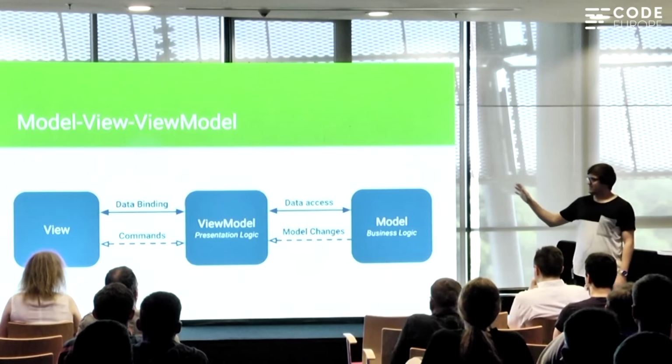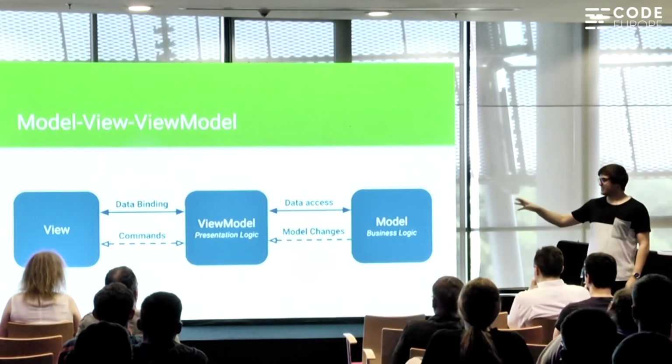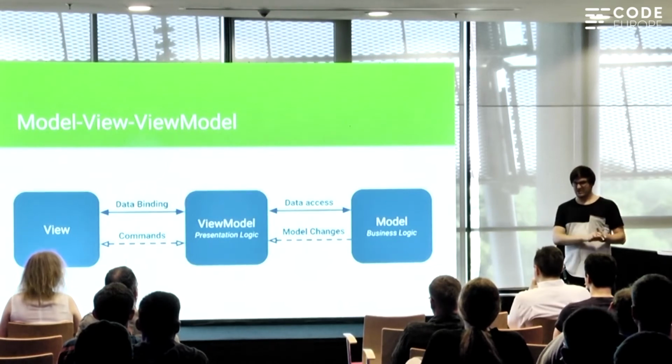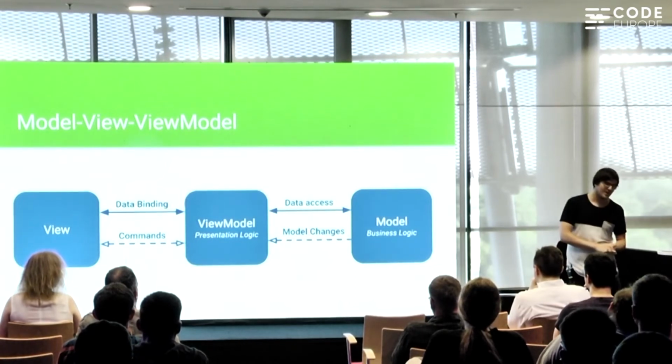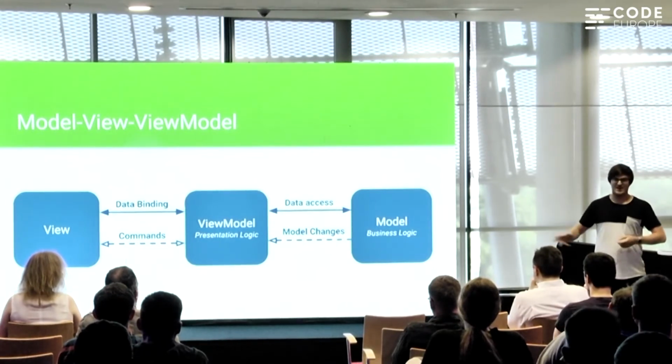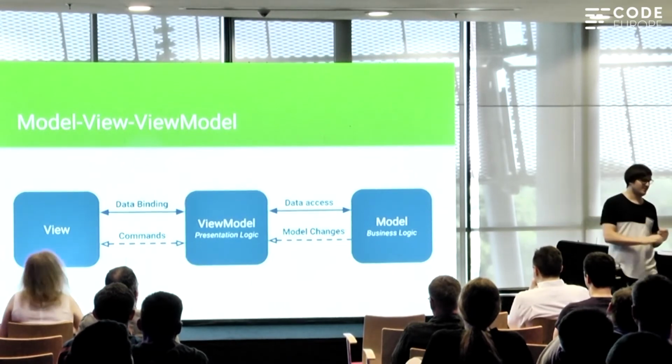So basically, the separation of the presentation logic and the business logic layer means your presentation logic is easily testable. And together with data binding, this means you have to write less code, as we have seen, and you produce cleaner code. And it's even great for maintenance and testability, as we will see later.